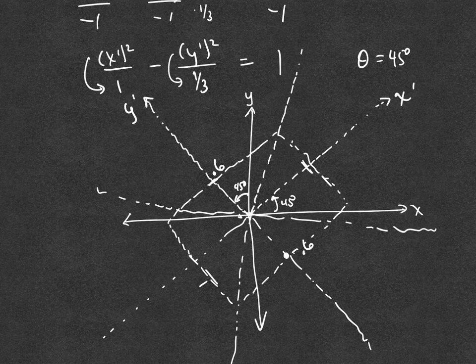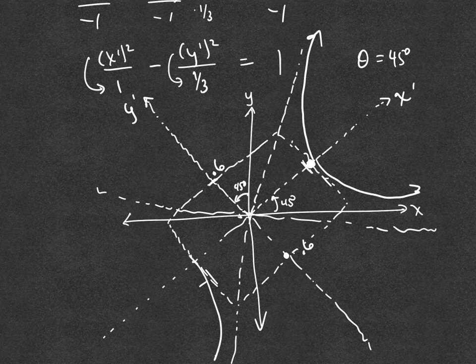And then since the x's are positive and the y's are negative, this is going to start on the right-hand side of the x primed side of the box. So we're going to have a hyperbola that opens along the x primed axis in both directions. All right, so that looks a little better.